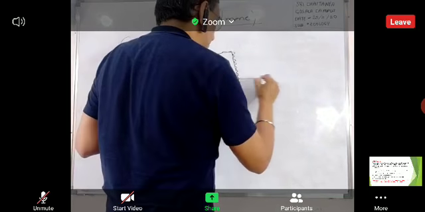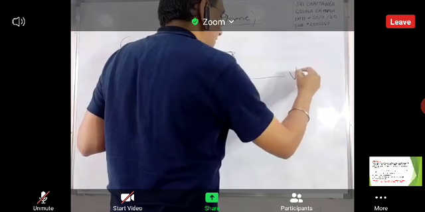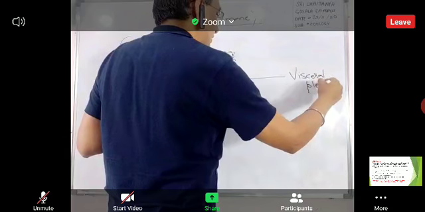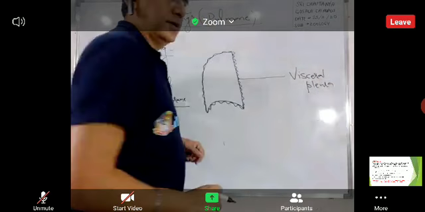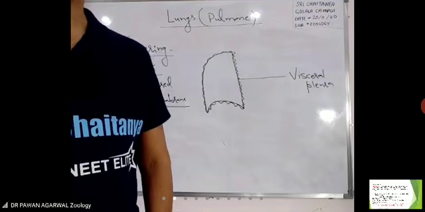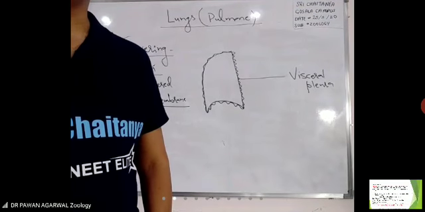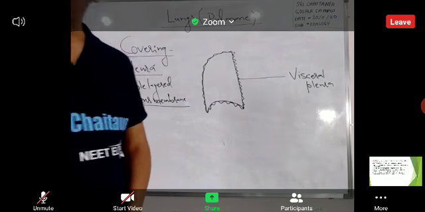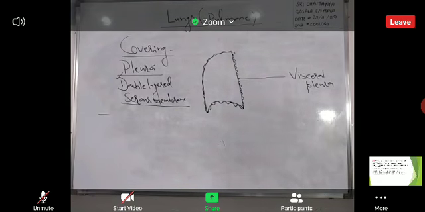The inner layer is adhered to the lungs, and that is known as the visceral pleura.